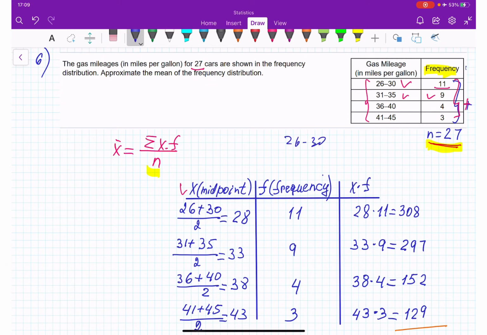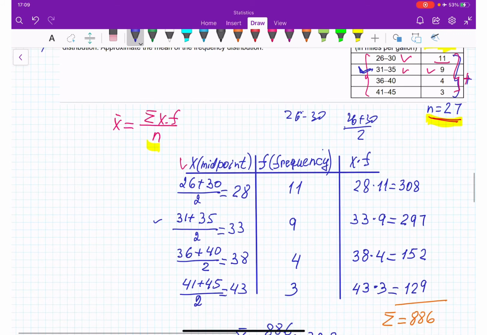You can't take the entire class, so you take the middle, which is the midpoint. It's going to be 26 plus 30 divided by 2. The next one is 31 plus 35 divided by 2, then 36 plus 40 divided by 2, and so on.